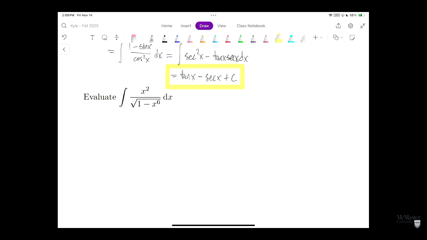Okay, yeah, we're doing good on time. What do we have on this one?